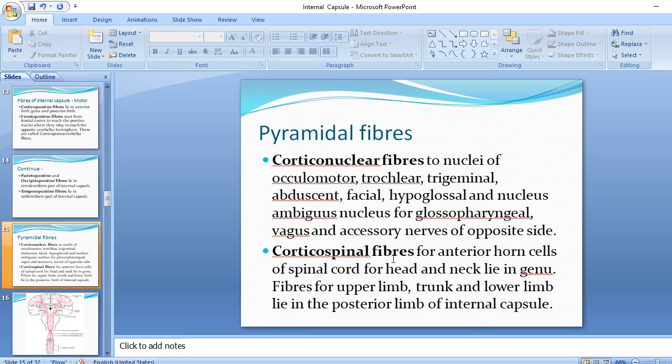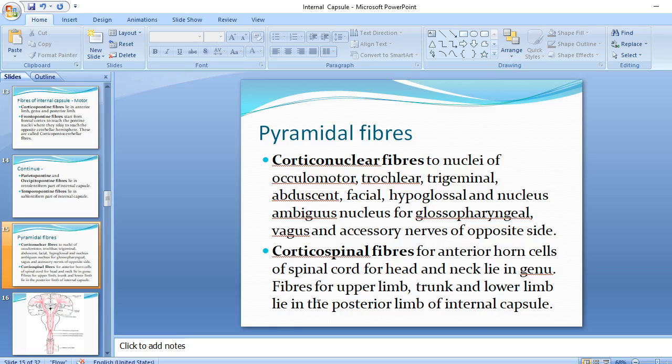The corticospinal fibers for anterior horn cells of the spinal cord for head and neck lie in the genu. So corticospinal fibers start from the cerebral cortex and pass to the anterior horn cells of the spinal cord. These fibers, which are destined for the head and neck region, lie in the genu.